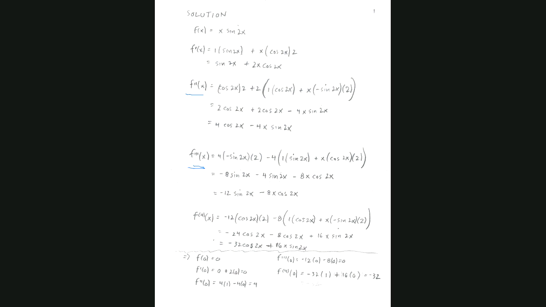Okay, so let's see. Here's your fourth derivative. The fourth derivative is negative 32 cosine of 2x plus 16x sine 2x. How many of you got that? Maybe give me a thumbs up. Are there any questions so far?